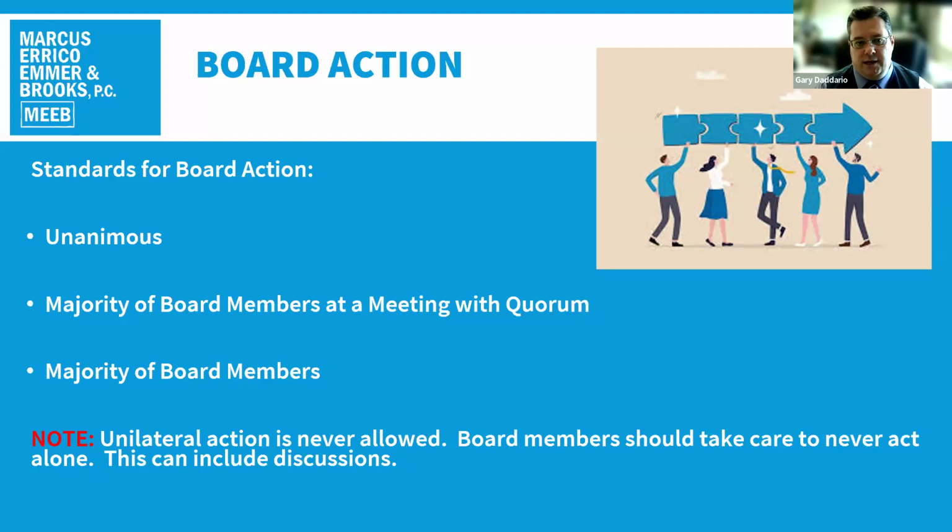I have a note on here, put it in red because it's important. It is often overlooked with unfortunate consequences, but unilateral action is never allowed. I've never seen a set of condominium documents that says that one board member can take action on behalf of the board. So board members need to be careful to not act alone, and that includes discussions with unit owners.